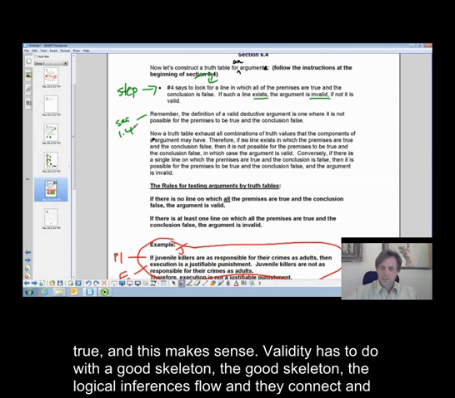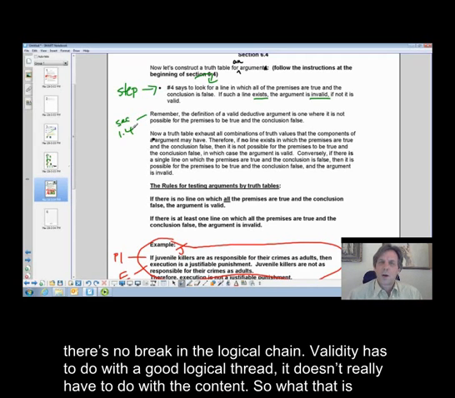And this makes sense. Validity has to do with a good skeleton, that the logical inferences flow and they connect, and there's no break in the logical chain, right?